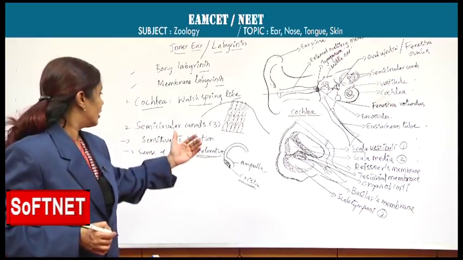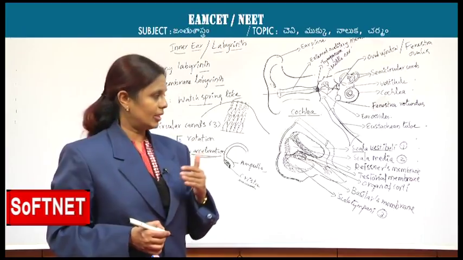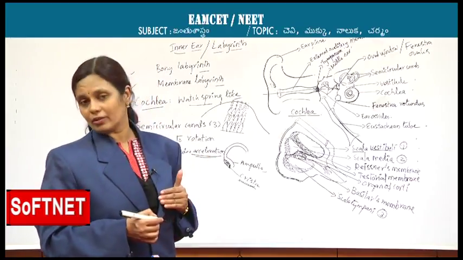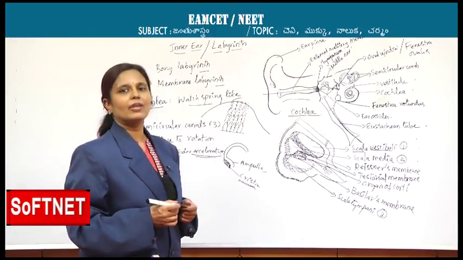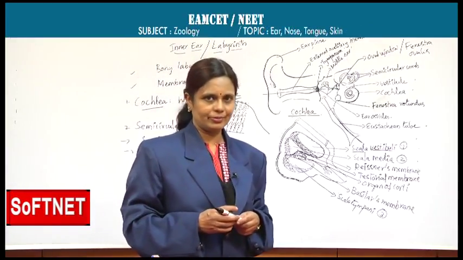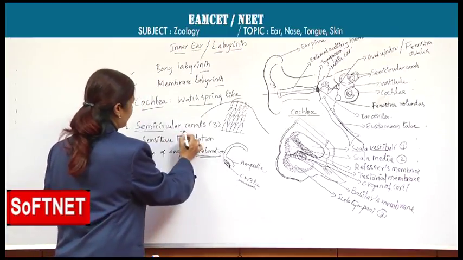That means these sensory ridges are sensitive to turning of the body, turning of your head side to side, and they provide a sense of angular acceleration. That is about semicircular canals.